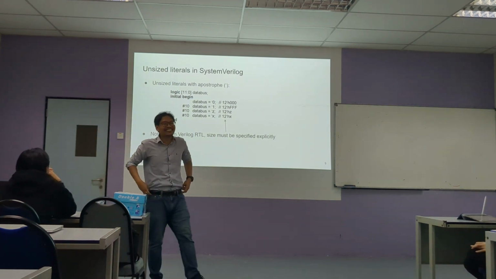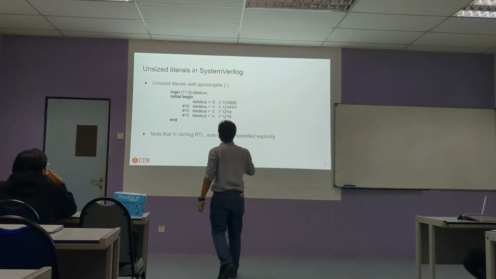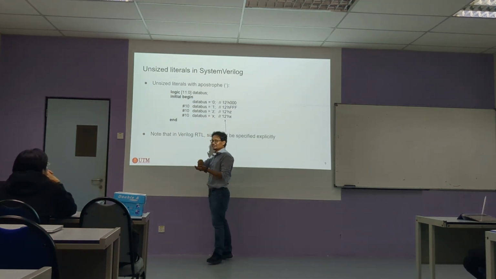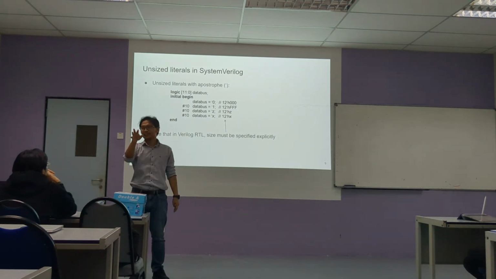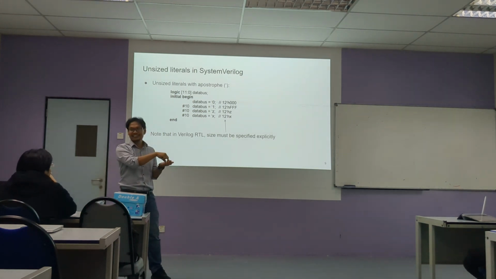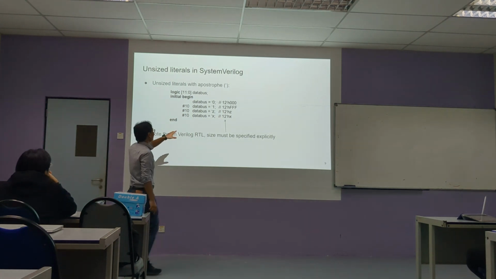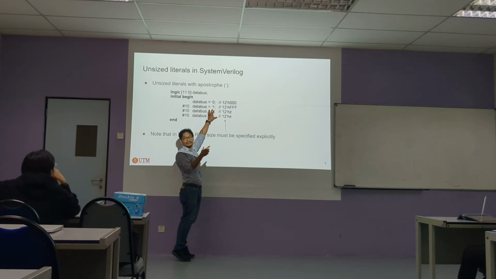You can try run. But integer normally kita guna, you don't play with individual bits, right? Kalau integer kan, integer I plus 1 plus 2. So kalau you nak play with individual bits, you normally use logic lah, wire or reg.